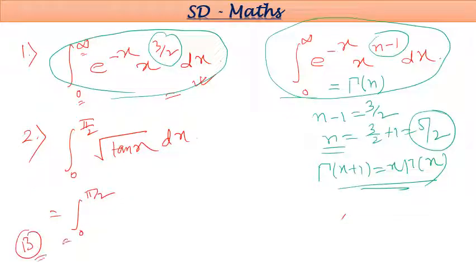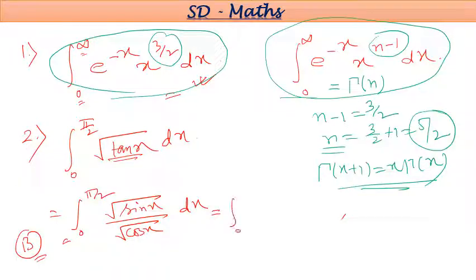This function is our beta function. And root tan x means we can write it as root sin x by root cos x dx, right? Now this is equal to the integral from 0 to pi by 2 of sine to the power half x into cos to the power minus half x dx.